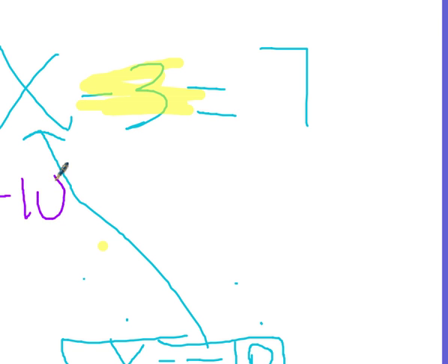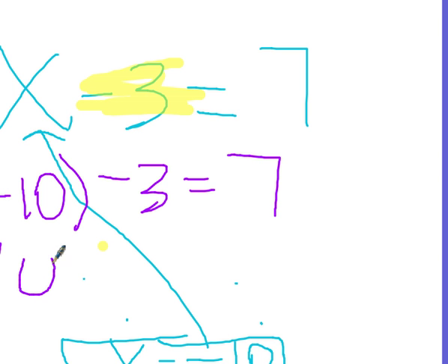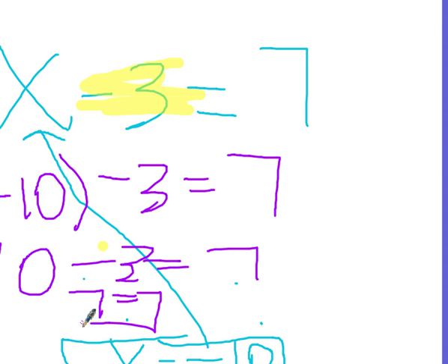I put negative 10 in for x, minus 3 equals 7. This reads as the opposite of negative 10, which is a positive 10, minus 3 equals 7. So 7 equals 7, and I've done my math right. Now, the other way you can think of it is a negative times a negative gives you a positive, so I'd have a positive 10. So however you want to remember it is fine with me.